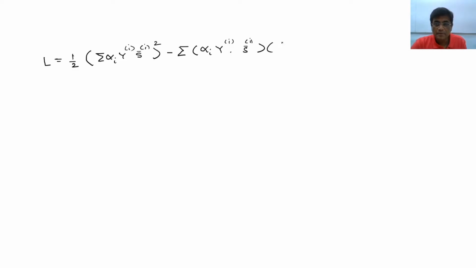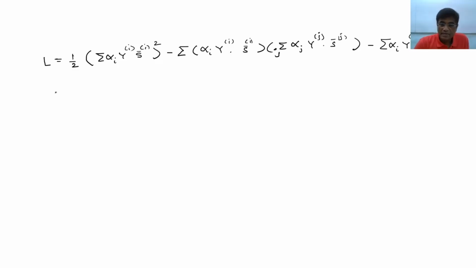Sum over j alpha sub j y sub j, minus alpha sub I, y suffix I times b plus alpha. Okay.